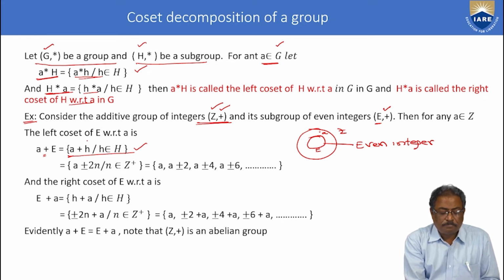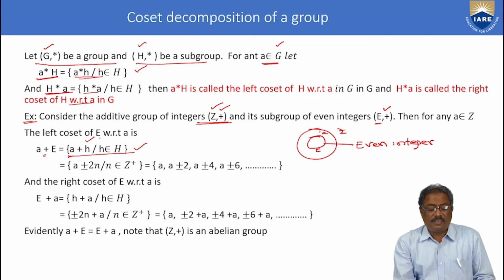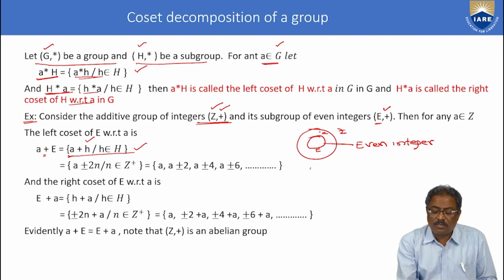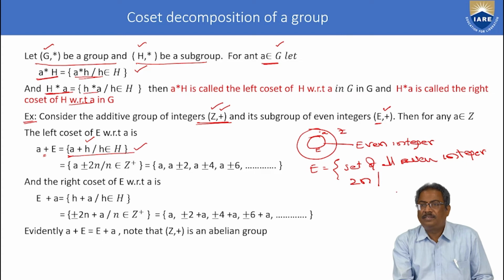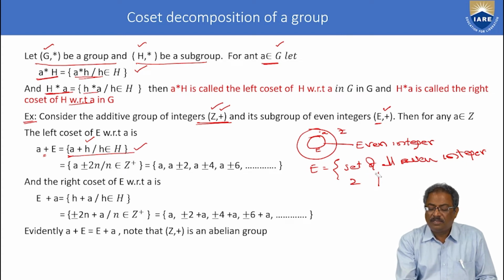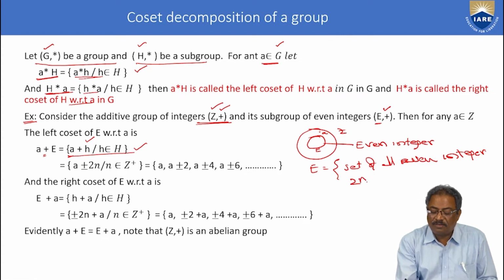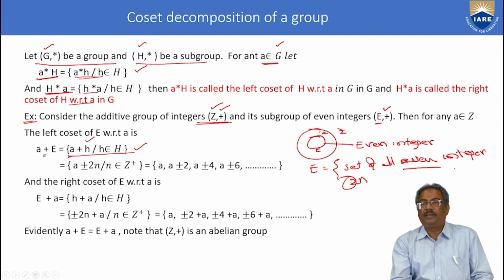Then what is H consisting of? E is the set of all even integers. Even integers means just multiplying by 2: whatever the n value is, whether odd or even, if you multiply it by 2, we get an even number.